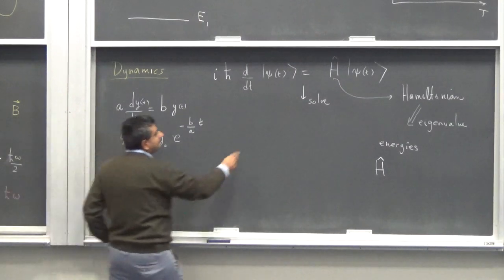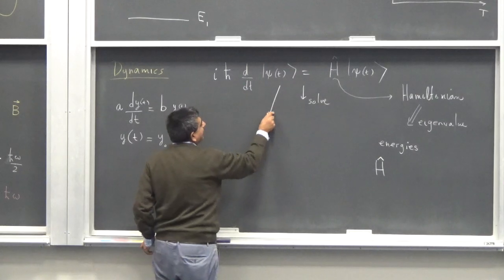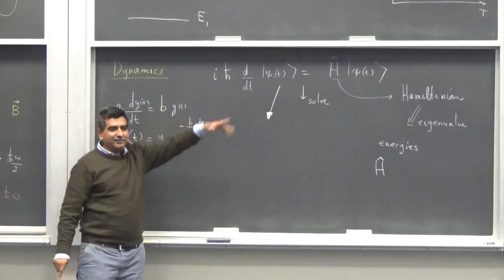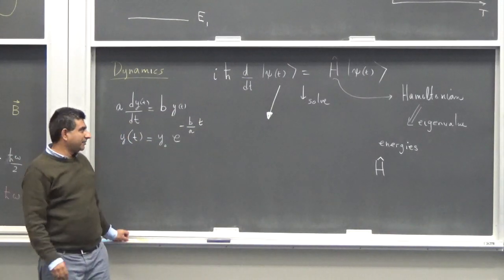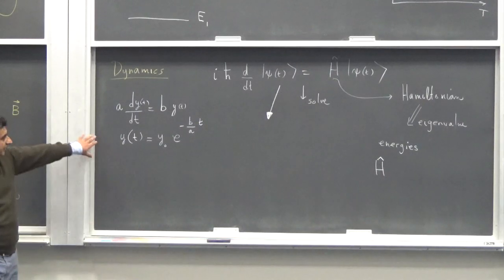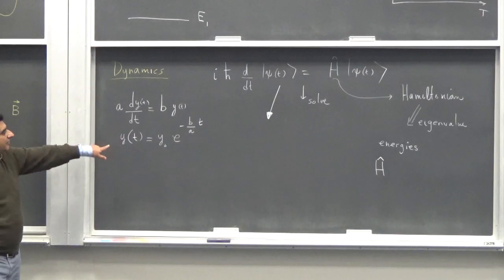Likewise, the solution to this time-dependent Schrodinger equation can be written down just by inspection, just by looking at this solution. So can you please write down the solution by looking at this?